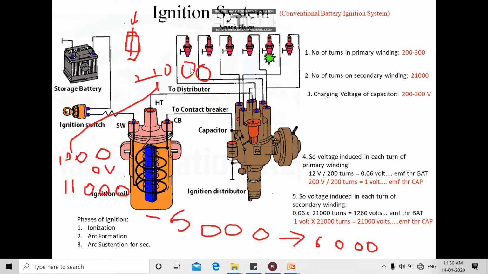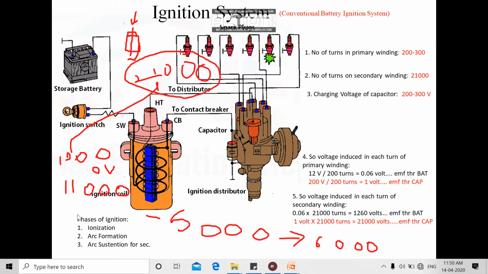In that way we overall require 21,000 volts across the two electrodes of the spark plug. This is the way we complete the phases of ignition inside the combustion chamber at that high compression pressure.